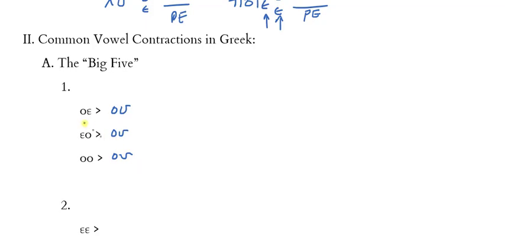In other words, all three of these combinations of vowels will contract to form this long diphthong. And almost always, the diphthong will have a circumflex over the second member of the diphthong. So you should get used to seeing circumflexes. Circumflexes can only go over long vowels, and diphthongs are long, right? Okay, so omicron epsilon, epsilon omicron, omicron omicron: all of those produce omicron upsilon.